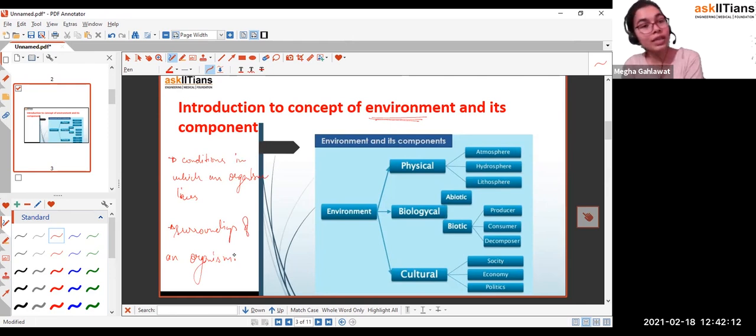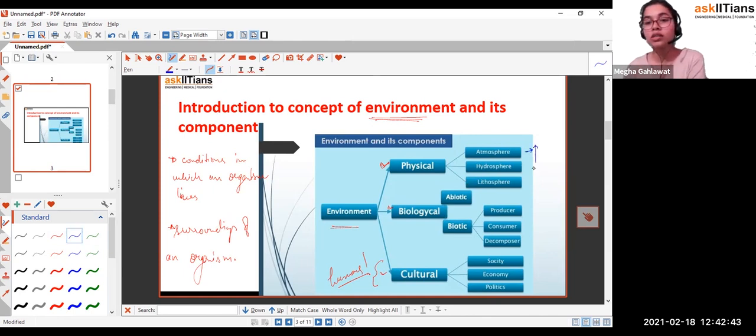Now that being said, we're going to move forward to what different kinds of components the environment possesses, right? You see, environment is made up of the physical components, biological components, and the culture. Culture basically is for the sake of human beings, all right? Not exactly for all organisms, but for human beings or the organisms which are evolved enough to make a society. Okay, so moving to the physical part of the environment, we have three major components: atmosphere, lithosphere, and hydrosphere.